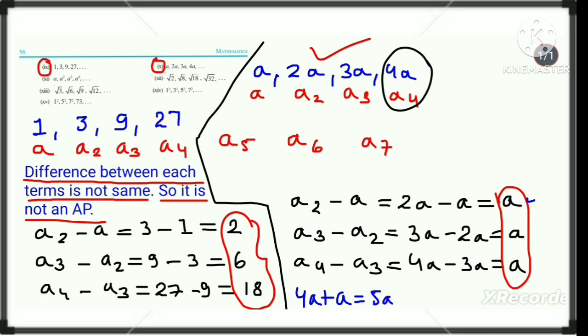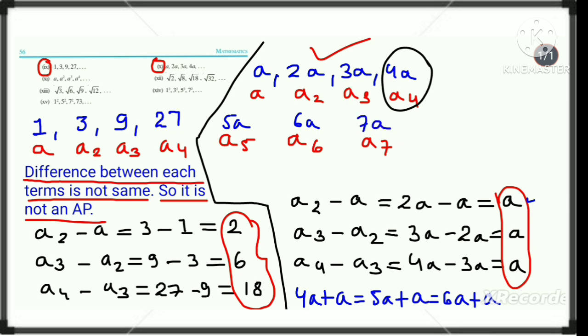This is the fifth term. Again, if we add the common difference to the fifth term, then we obtain its sixth term, that is 6a. Similarly, if we add the common difference to the sixth term, then we obtain its seventh term, that is 7a.